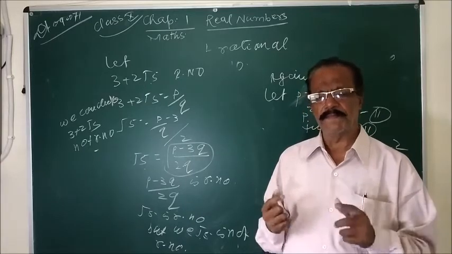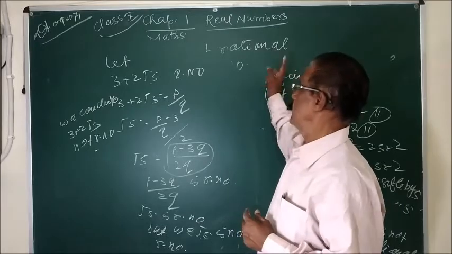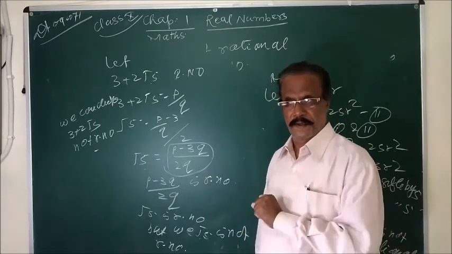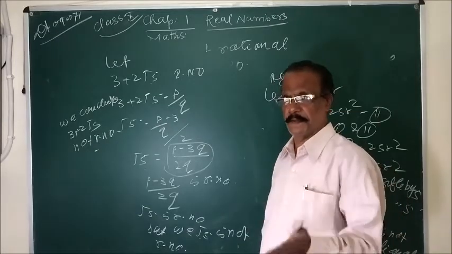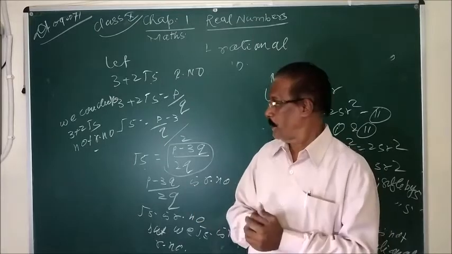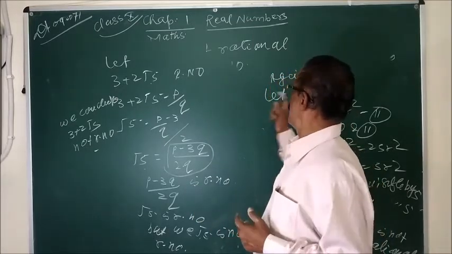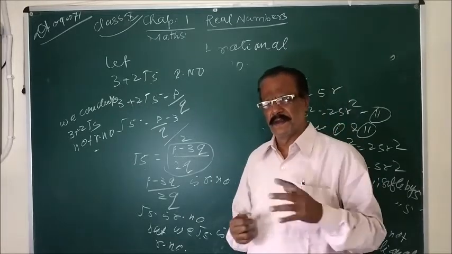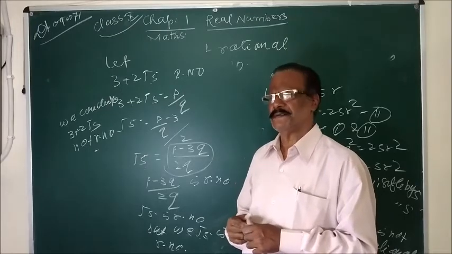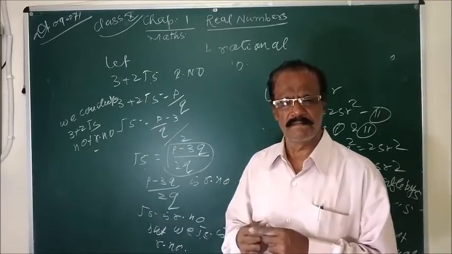So that topic is deleted, and we have to concentrate on the fundamental theorem of arithmetic. Fundamental theorem of arithmetic: every composite number can be expressed as a product of prime numbers. I have just given the examples, and these are a few questions. I am sure you will complete chapter 1, excluding Euclid's division lemma.